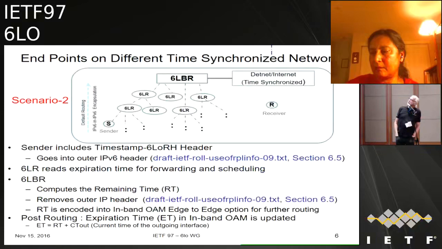So if you have two networks that are also time synchronized, then you can use basically exactly the same idea. The one difference is that if you want to go between the networks, then you can use this idea from the OAM draft to include the expiration time as one of these edge-to-edge options.